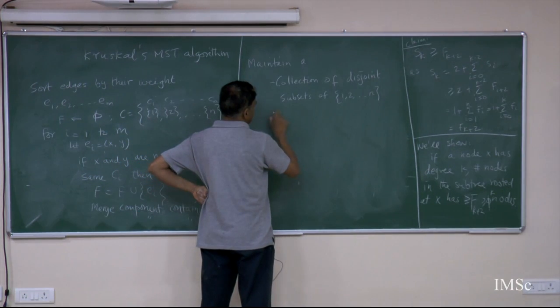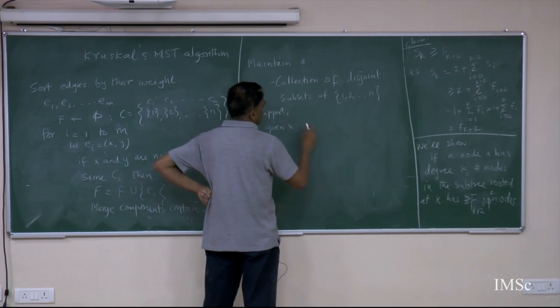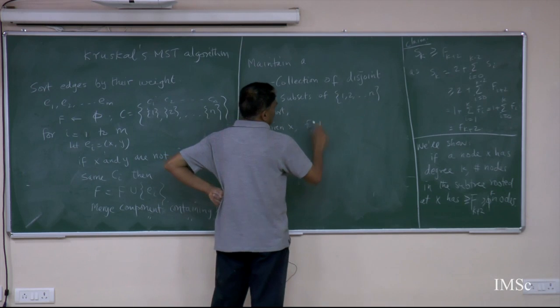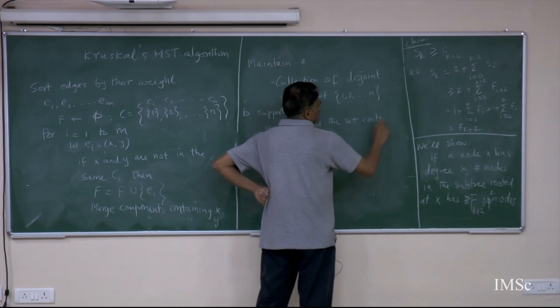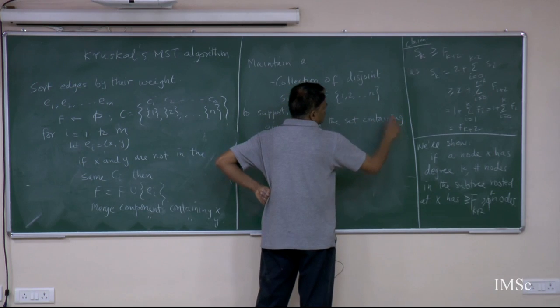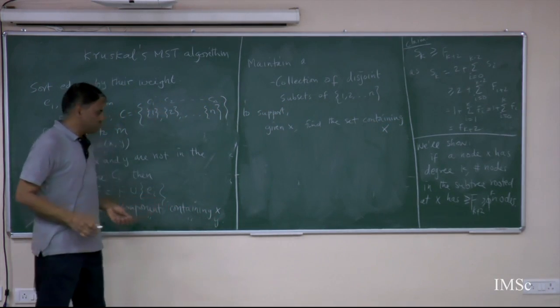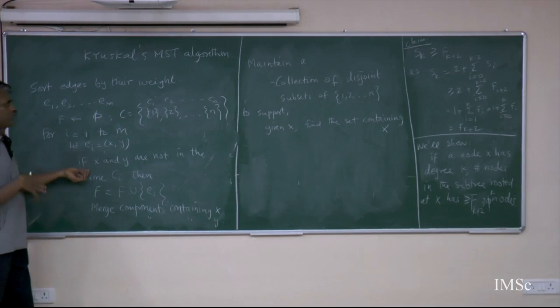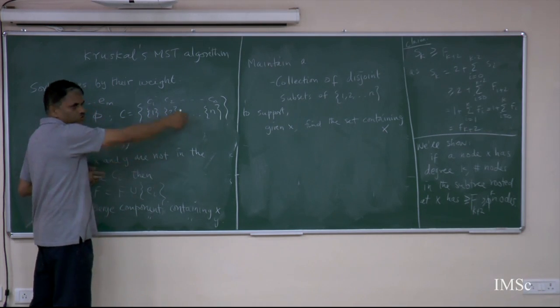And the queries I want to support: given x, I want to find the set containing x. Every element is in some set. So when x comes, I want to figure out which set it is in, and when y comes, I want to know if they are in different sets.